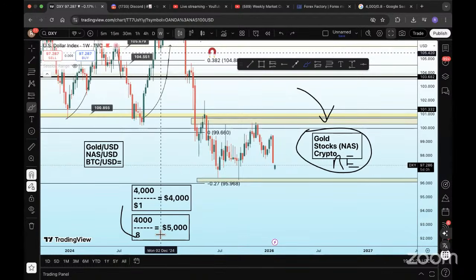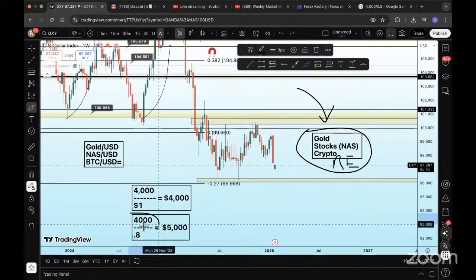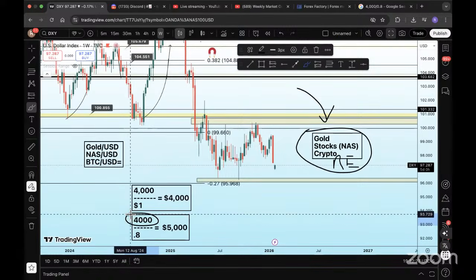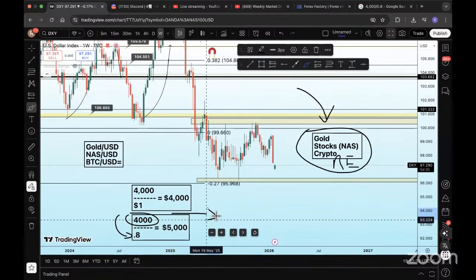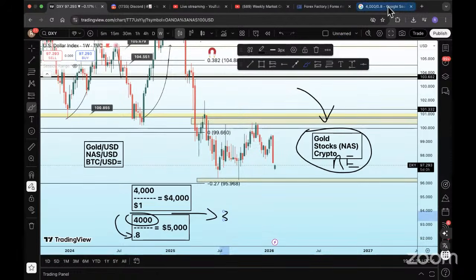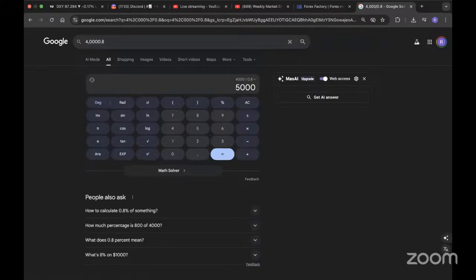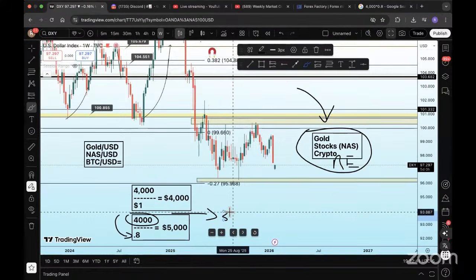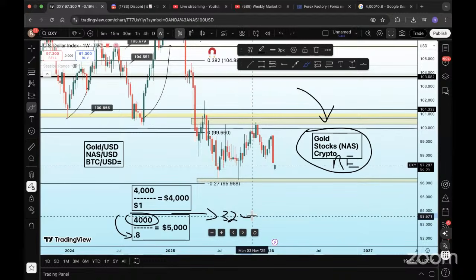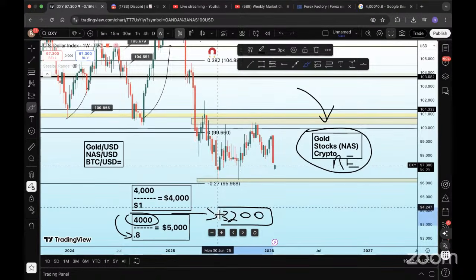Okay? But if you were to value this $4,000, it would be this times this. So your actual, if you were to save cash, now it would be worth, I really should just do this math over here, 3,200. So if you wanted to just hold cash in your bank account or under your mattress or whatever, it would be worth 3,200. What does that mean?